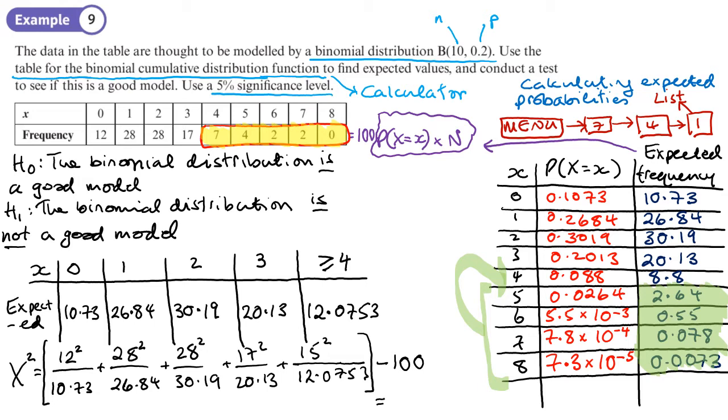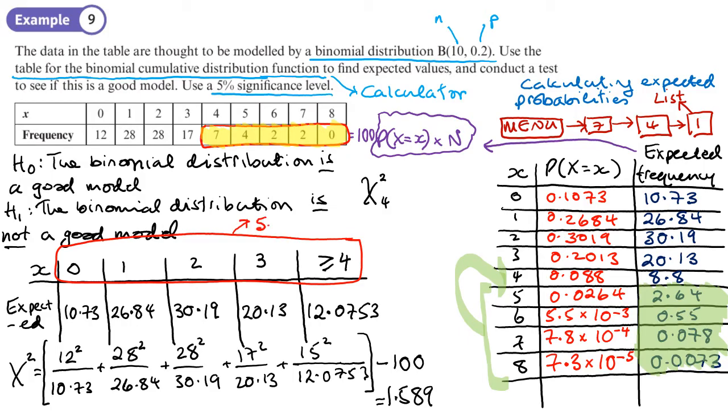So that gives me 1.589. There's a 0 after that. Now from the table, and I've got a little bit of space up here, let's look up chi-squared, and it's going to be 4 degrees of freedom, since we can see here that I have 5 cells after combining.